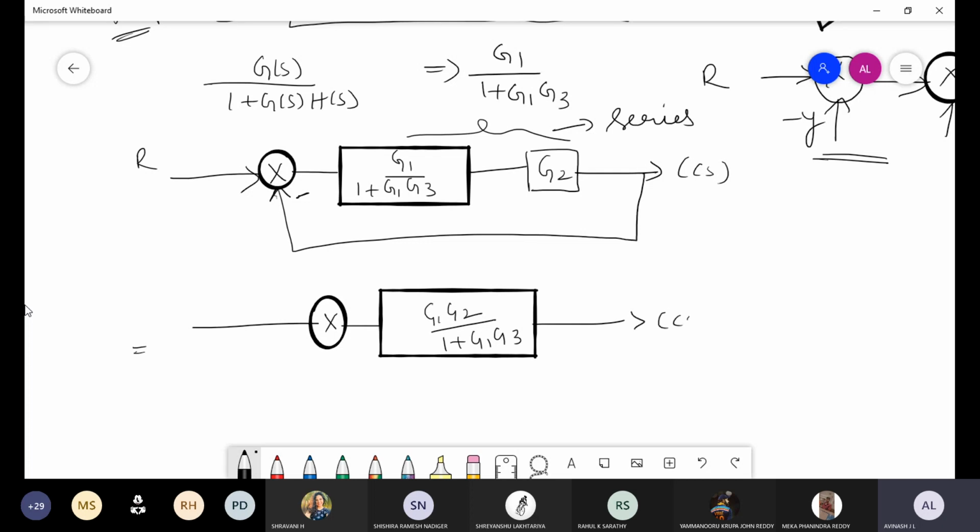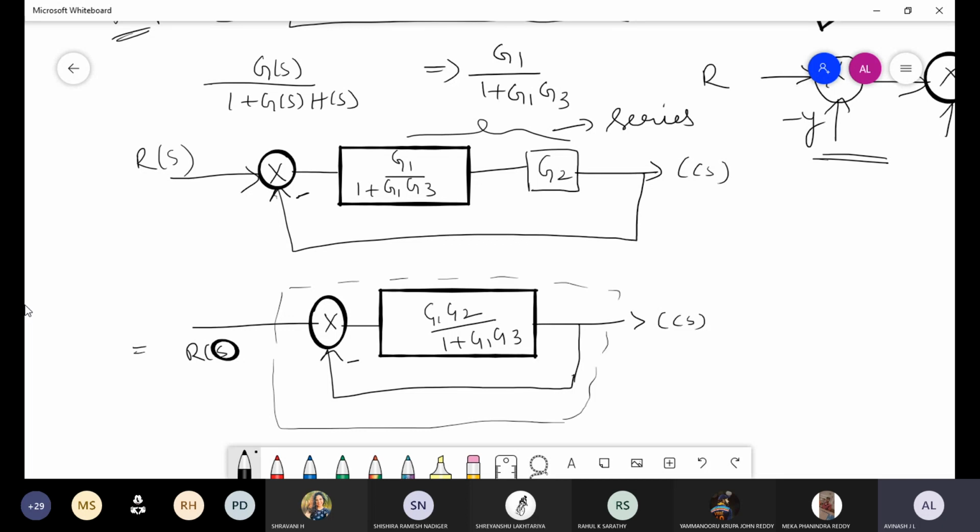So now this is C of S. So now this is negative feedback with unity. It is R of S. Okay. So now once again this will become a minor feedback loop.